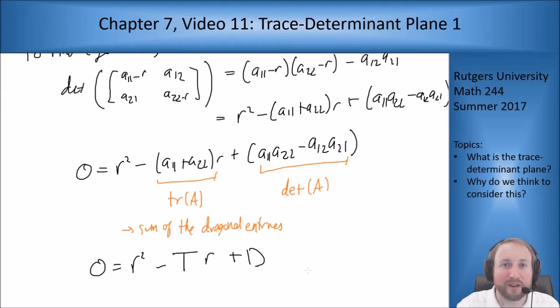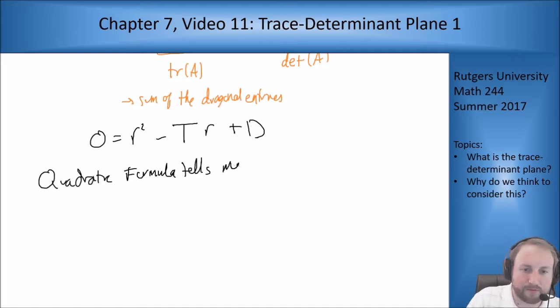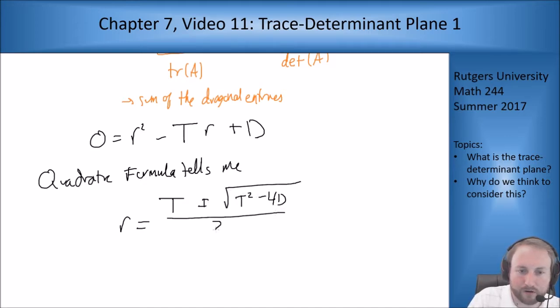Well, I use the quadratic formula to find the roots. The quadratic formula tells me that r equals T plus or minus the square root of T squared minus 4D, over 2, which means what the roots look like depends on this T squared minus 4D. So delta equals T squared minus 4D is the discriminant.